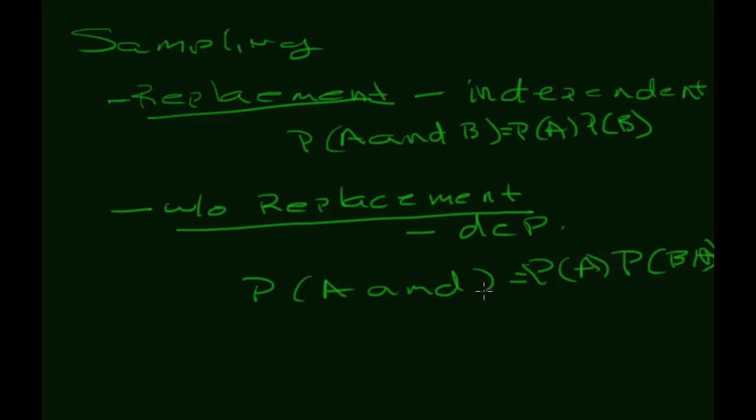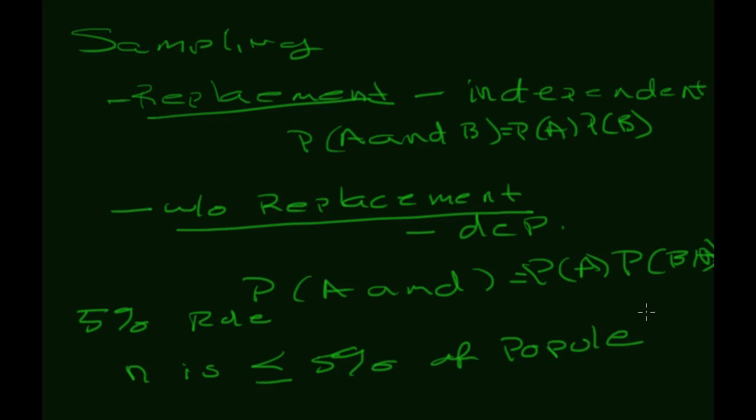Okay, there's an important caveat to this, and it's something that's called the 5% rule. If the sample size, n, is less than or equal to 5% of the size of the population, not 50%, 5% of the population, then I can treat dependent events as though they are independent.